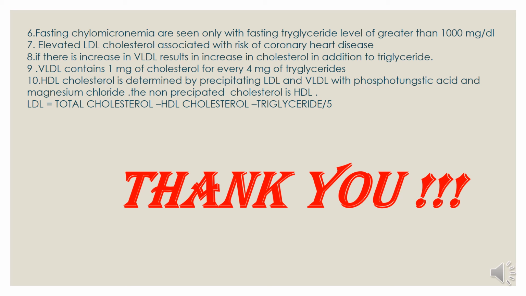VLDL contains 1 mg of cholesterol for every 4 mg of triglycerides. HDL cholesterol is determined by precipitating LDL and VLDL with phosphotungstic acid and magnesium chloride. The non-precipitated cholesterol is HDL. LDL is equal to total cholesterol minus HDL cholesterol minus triglyceride divided by 5.